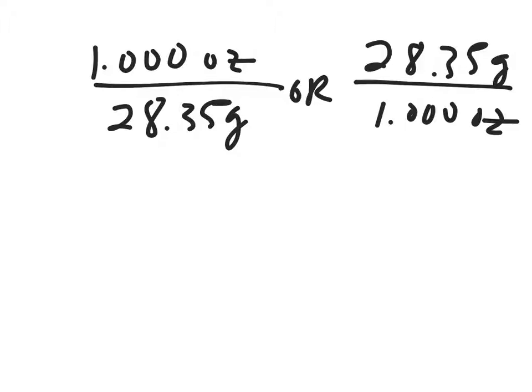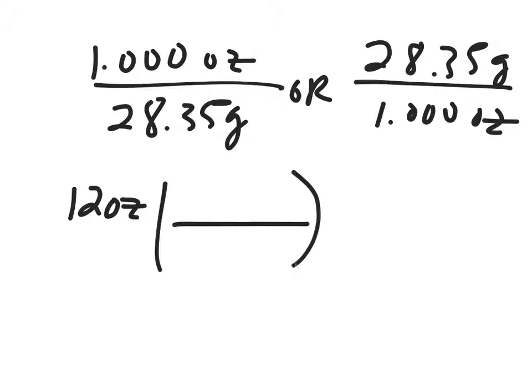So we always start these problems with the number that we're trying to convert, which in this case is 12 ounces of soda. And the way we're going to convert it is we're going to multiply by our conversion factor such that we change the units. So if you remember back in the lecture video on units, we treat units just like we do mathematical numbers.